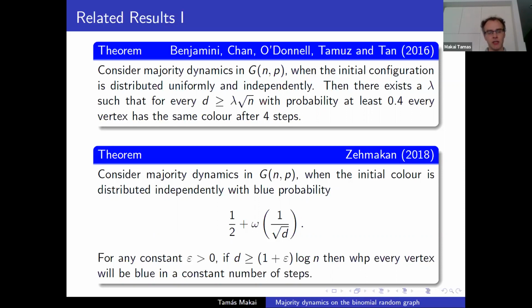So he wants the blue probability to be 1/2 plus an omega of 1 over square root of d term. And in this case, when the average degree is at least (1 plus epsilon) times log n, meaning that we're above the connectivity threshold of the binomial random graph, then with high probability, every vertex will be blue in a constant number of steps.